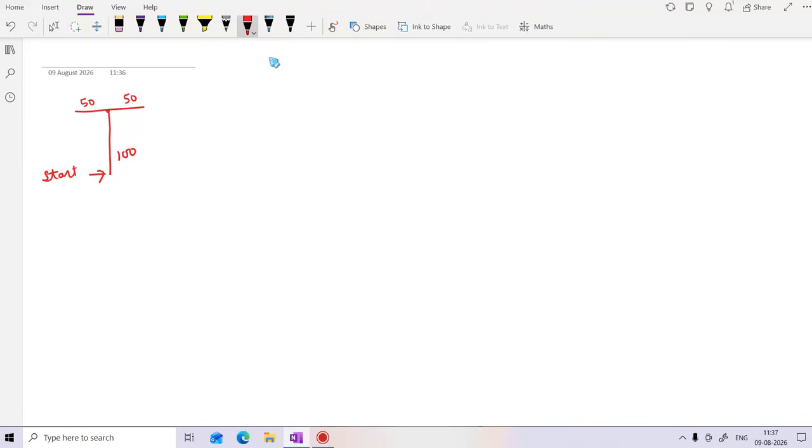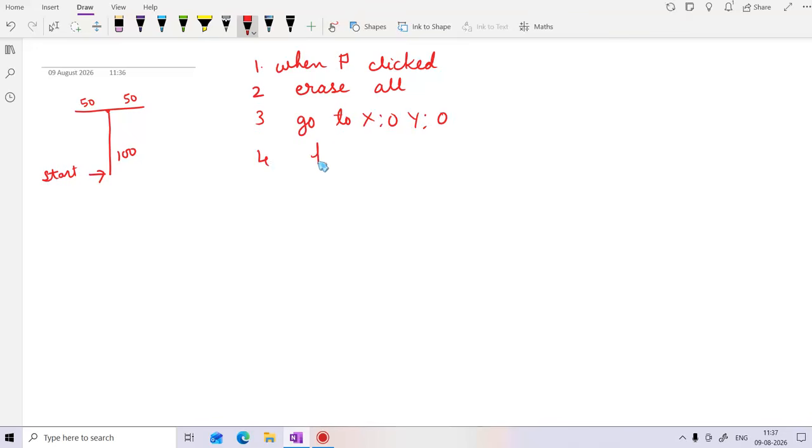Now, compulsory commands, what are the compulsory commands? You know very well, so please do it. When flag clicked, then you can take erase all. Afterwards go to x0, y0, then number 4, it will be pen down.